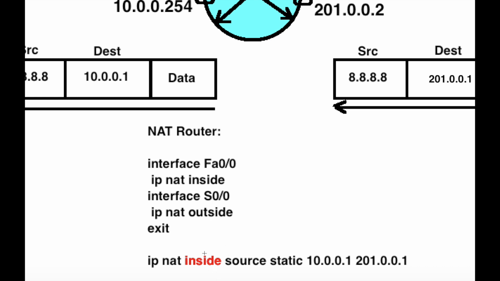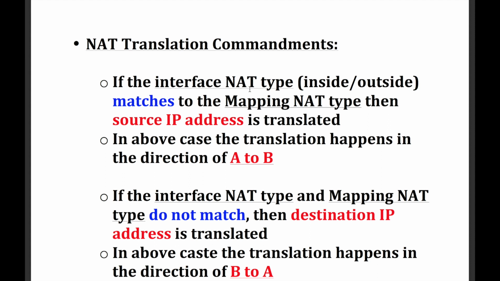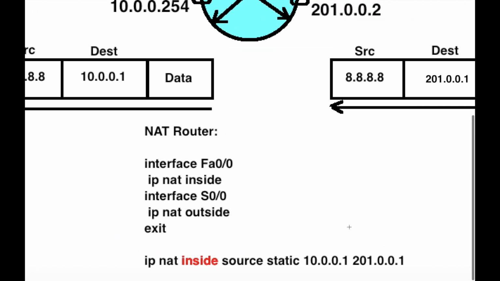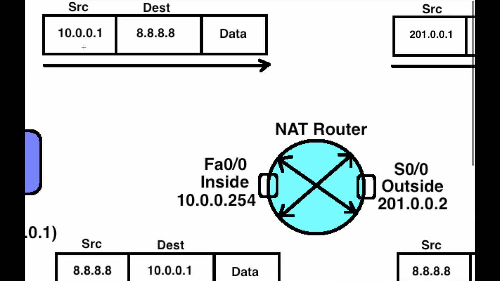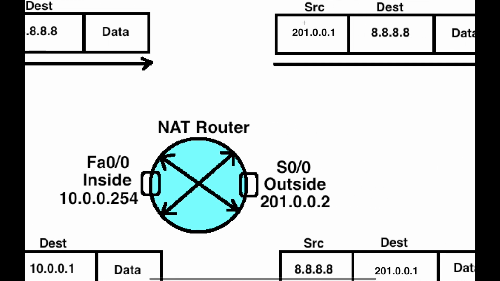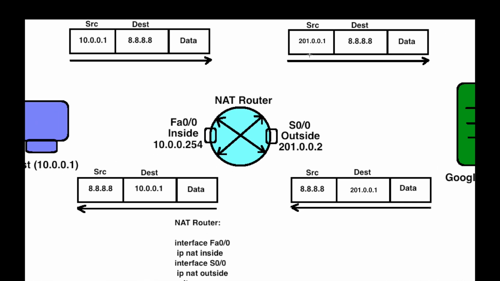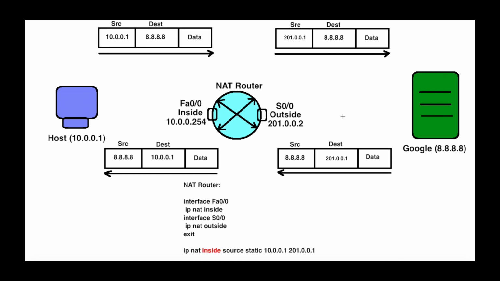That means they match. And what happens when the interface type and the mapping type match? The source IP address is translated, in the direction A to B, 10.0.0.1 to 201.0.0.1. That is exactly what's happening here. The source IP address 10.0.0.1 is translated to source 201.0.0.1, and then the packet is sent to the Google server.